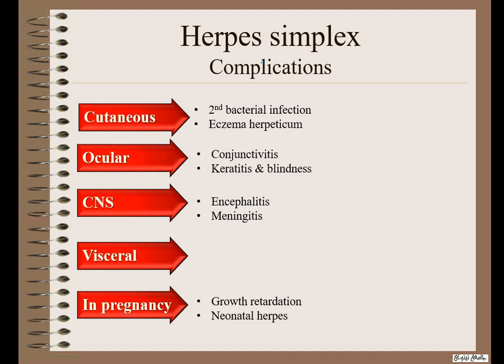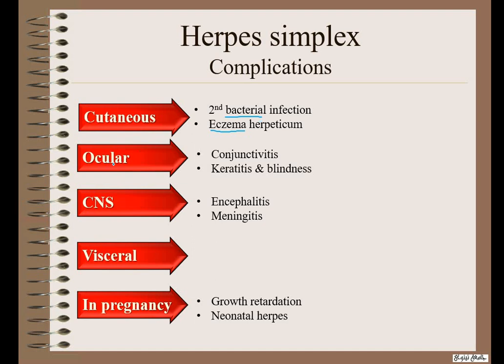These are the complications of herpes simplex. He may get cutaneous complications like superadded or secondary bacterial infection. If the patient has atopy, he will develop an extensive eruption of herpes called eczema herpeticum.